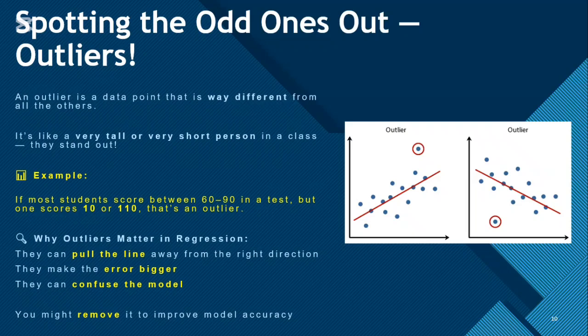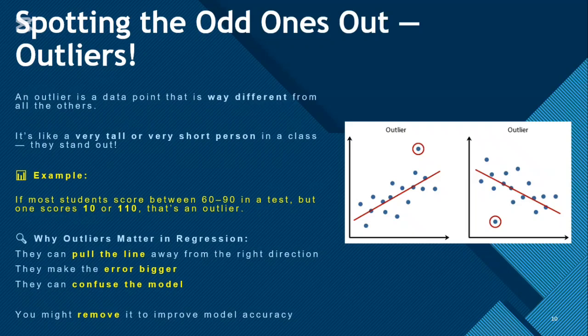So an outlier is a data point that is way different from all the others. It's like a very tall or a very short person in a class that stands out. For example, if most students score between 60 and 90 in a test, but one scores a 2 or a 10, too low or too high, that person is an outlier.